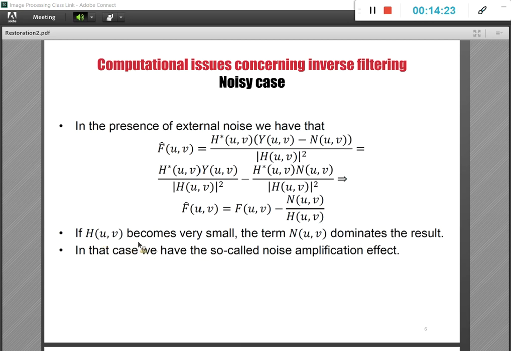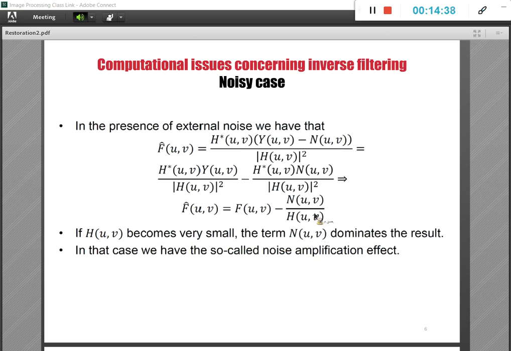If H becomes very small at some points in the spectral domain, or about 0, the term N over H dominates the result.